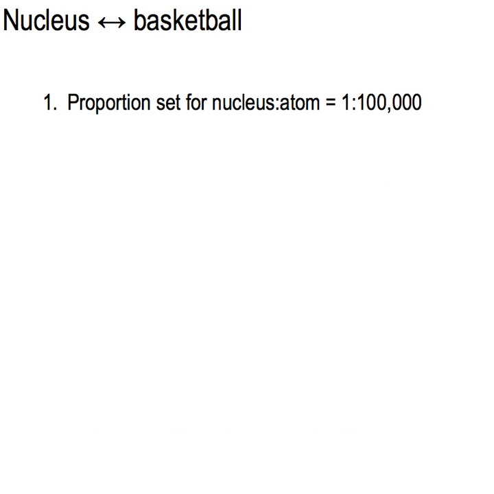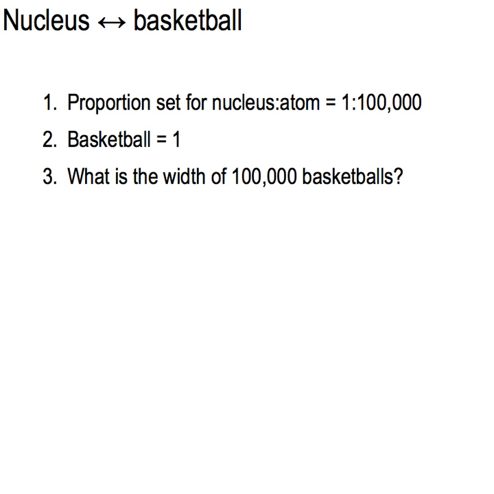So here we go. Let's set the proportion. Rutherford figured out the true ratio for nucleus to atom is 1 to 100,000. Now, if you say that the basketball is 1, how big is the atom going to be? Well, something that's equal to 100,000 basketballs. It's 100,000 basketballs lined up in a row.